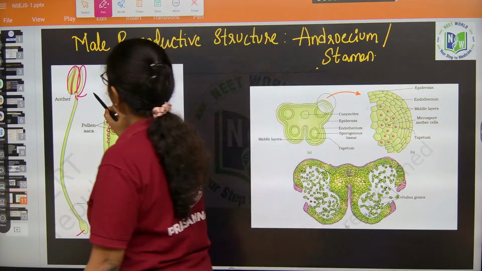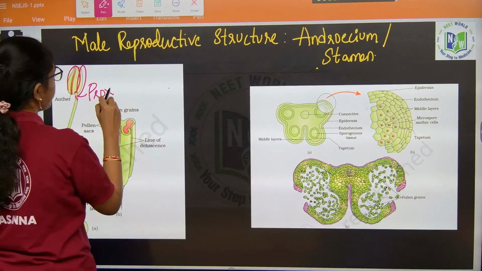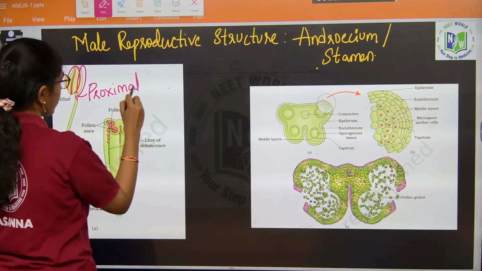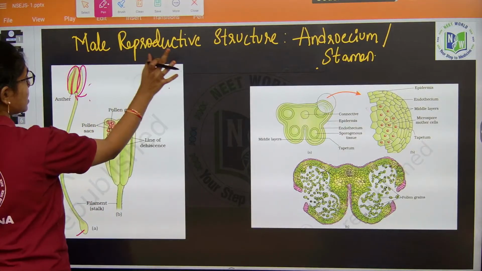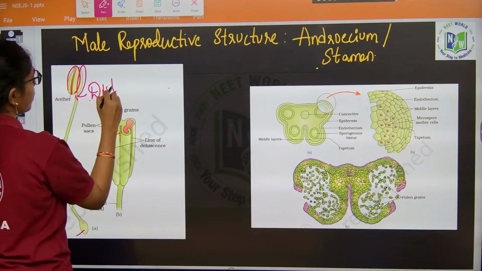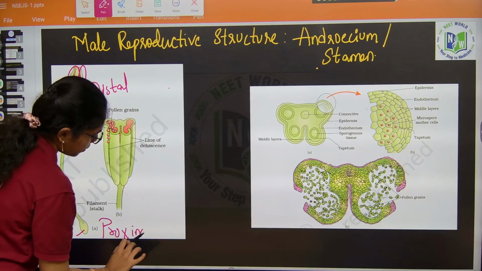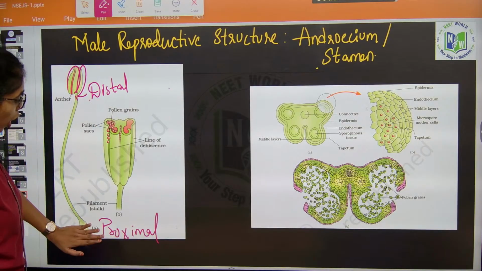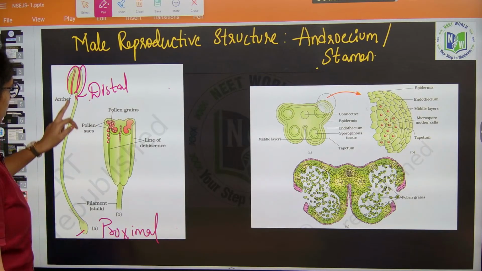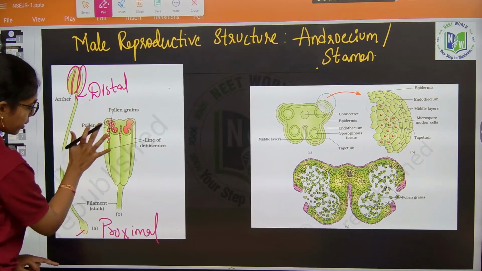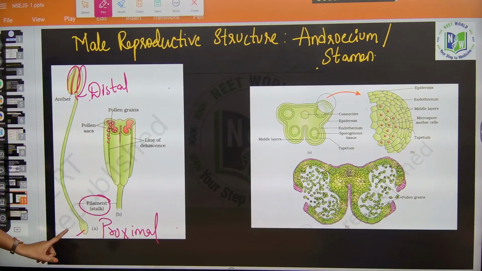Remember, this is the proximal end, and this is the distal end. The proximal end of the filament, this is the long filament, the stalk of the anther.